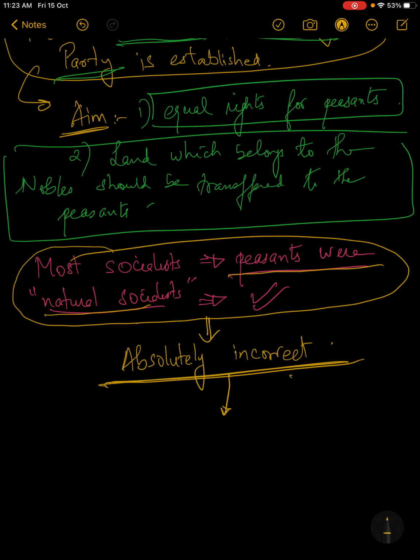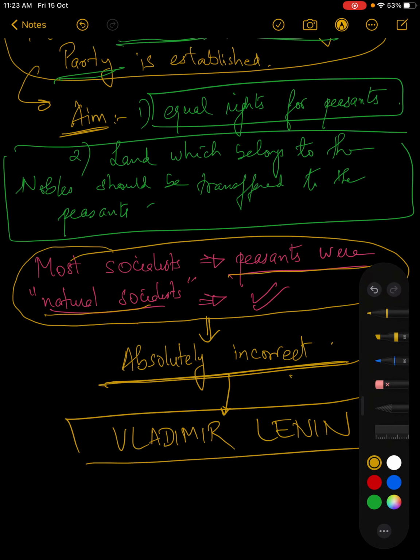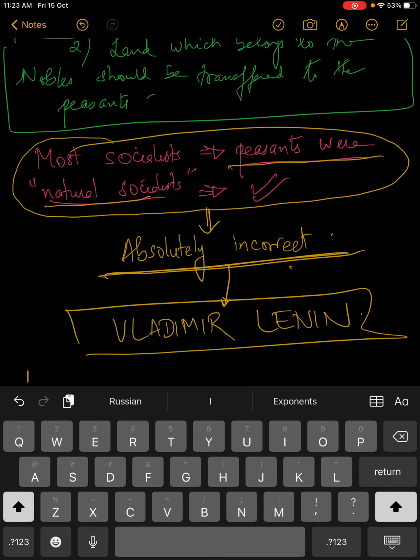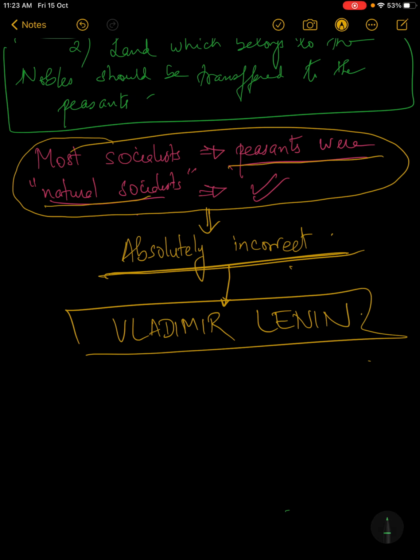And please put your hands together for the most legendary character in the whole of the Russian Revolution story, Vladimir Lenin. Here is his entry point. Like Salman Khan enters in his movies with a lot of pomp and show, here is where Vladimir Lenin is entering the picture.